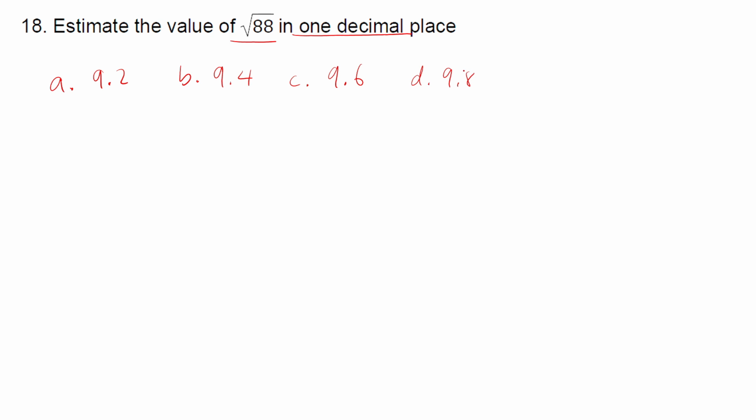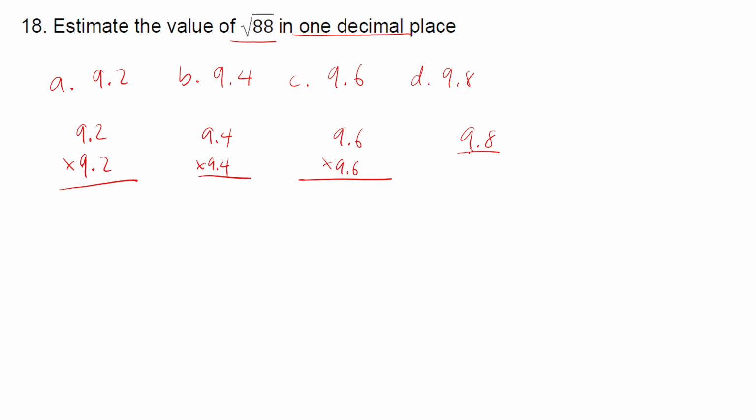What you can do here is check 9.2 times 9.2 and see what the product will be. Also check 9.4 times 9.4, 9.6 times 9.6, and the same thing with 9.8.